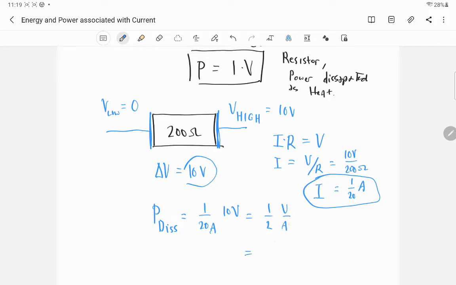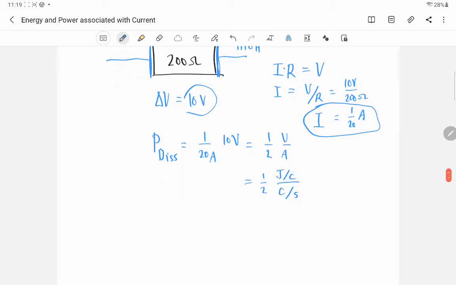But let's look at the units. A volt is a joule per coulomb, and the amp is a coulomb per second. So I'm dividing a fraction by another fraction, and the way you divide two fractions is you take the top fraction and multiply by the inverse of the lower one.